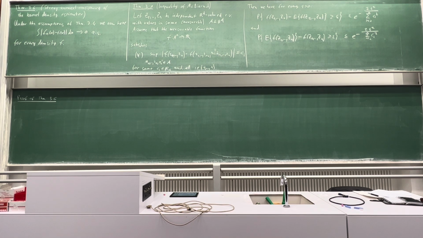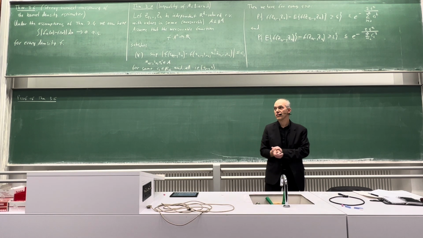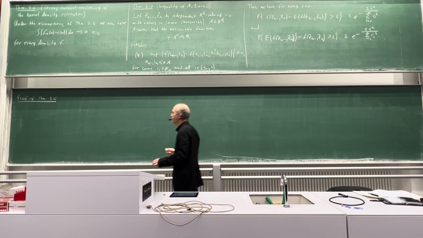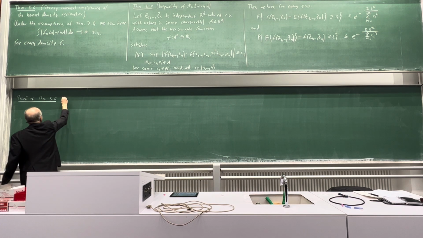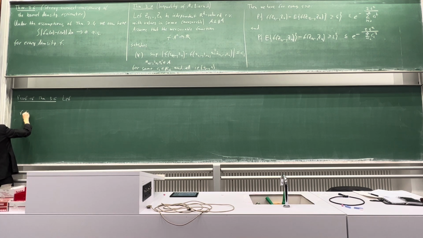I first need a notation for the kernel density estimate, and this is fn of x, x1 to xn. Let fn of x, x1 to xn be the kernel density estimate, the sum of k of x minus xi.